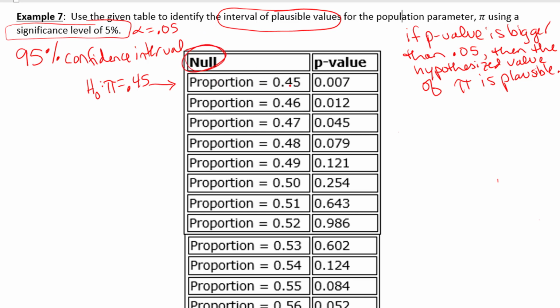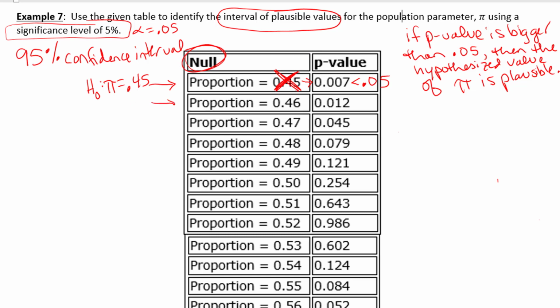If that is your null hypothesis, then you'll get a p-value of 0.007. Notice that is smaller than 0.05. It's smaller than the significance level. So, since the p-value is smaller than 0.05, we would reject this value of pi as being plausible.